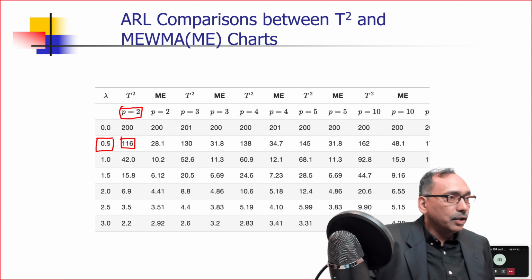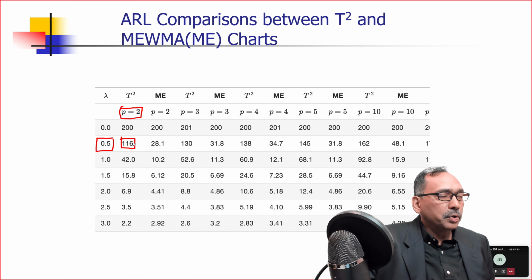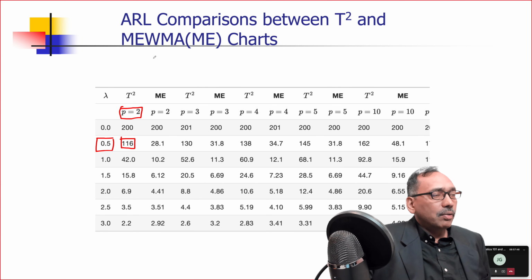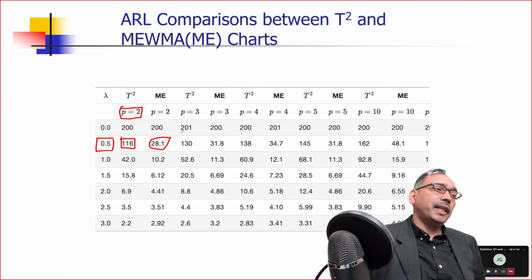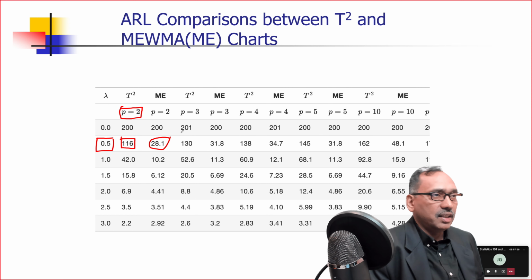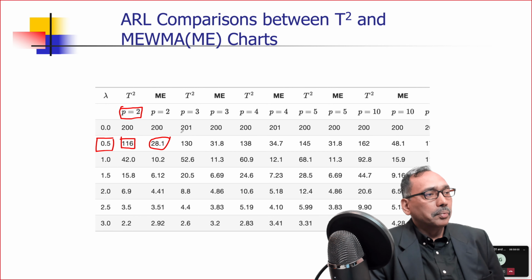So the smaller the value here, the more time it is going to take. Whereas MEWMA, the multivariate EWMA, can do the same thing in only about 28.1 runs on average. So you can see immediately how much you can save.